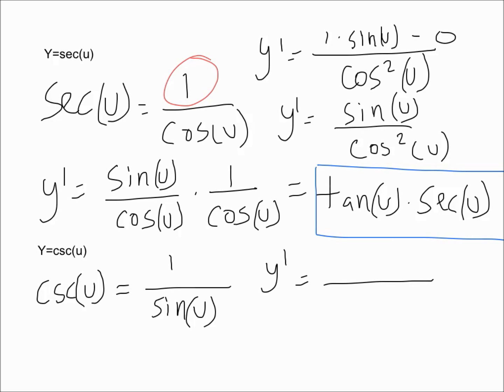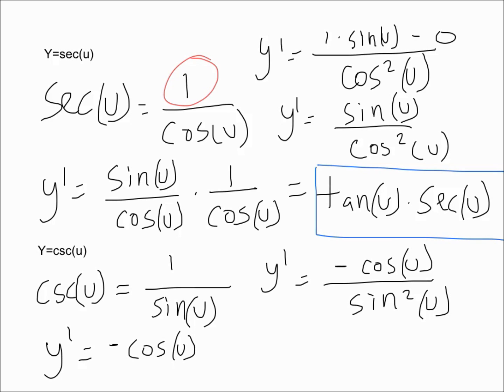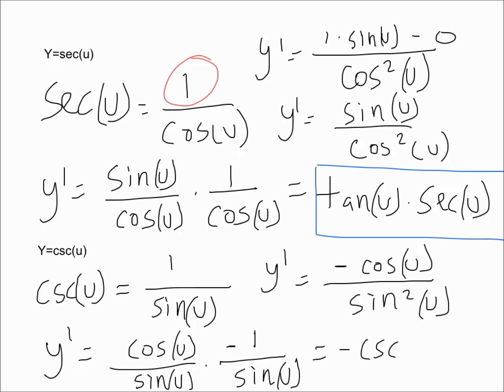It's going to be negative cosine of u over sine squared of u, which can be separated into negative cosine of u over sine of u times, I'll switch the negative into the 1, negative 1 over sine of u, and it's just negative cosecant of u times the cotangent of u.